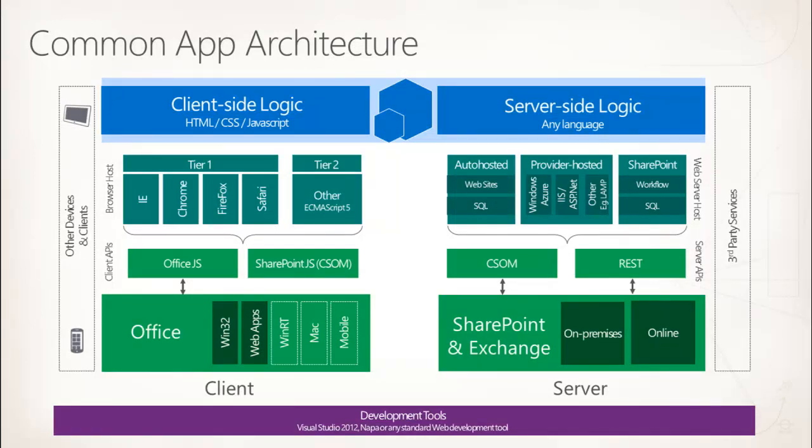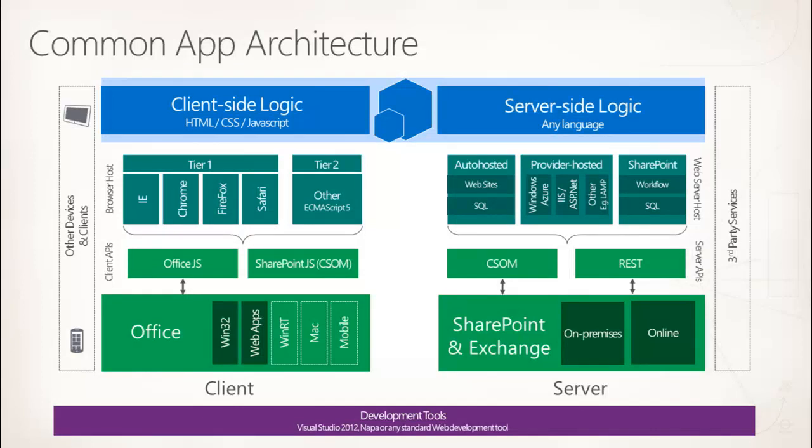Surrounding the apps, you probably want to also integrate with other app platforms. You may want to bring some Windows 8 goodness, some Windows Phone integration, and that's all possible because the Services API allows you to integrate additional clients. On the right-hand side, you can see that there are also a lot of third-party services that you can integrate, and we're going to talk about that in this session.